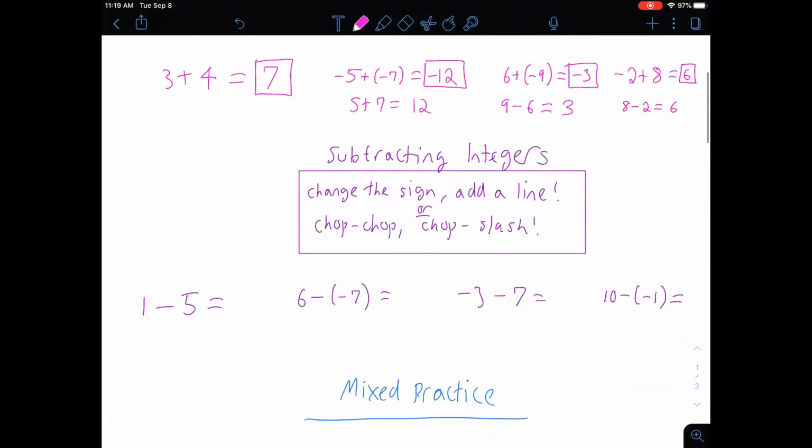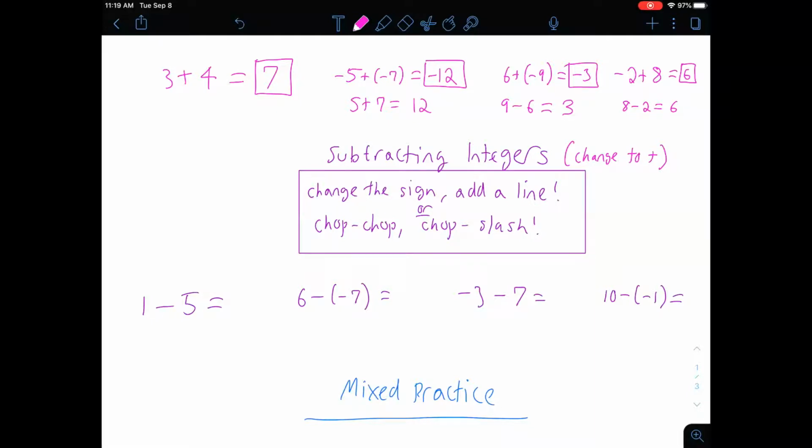And now the trick for subtracting integers, which is our next thing, we're going to put over here: change to addition is the way we deal with subtracting integers. So I don't know if you guys have heard of change the sign, add a line, or chop or chop slash. I'll show you both for this, okay?